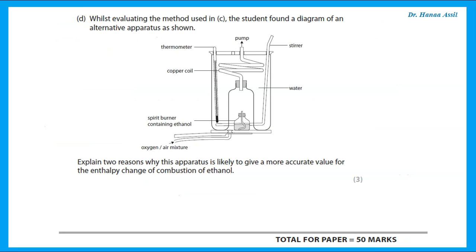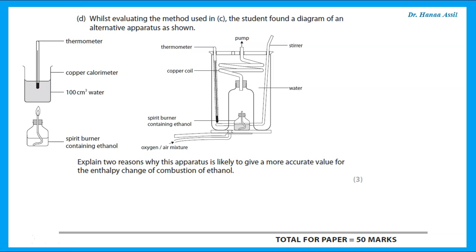Then the last part of the paper says, whilst evaluating the method used in part C, the student found a diagram of an alternative apparatus as shown. Explain two reasons why this apparatus is likely to give a more accurate value for the enthalpy change of combustion of ethanol. So, what is different in this diagram than the previous diagram?